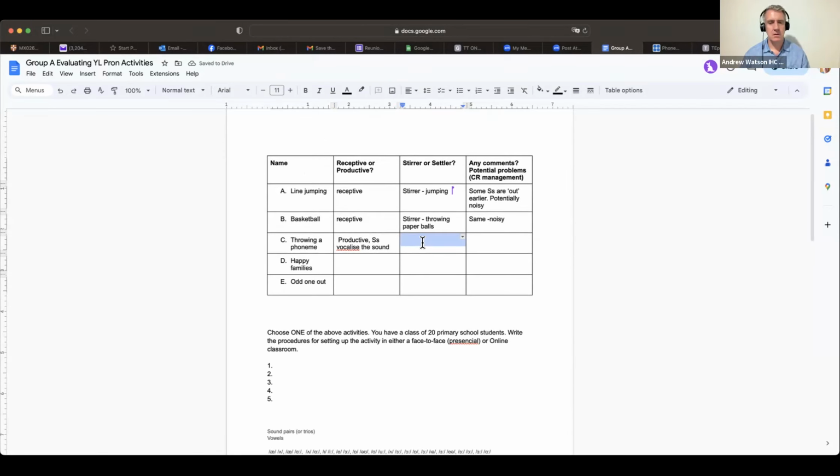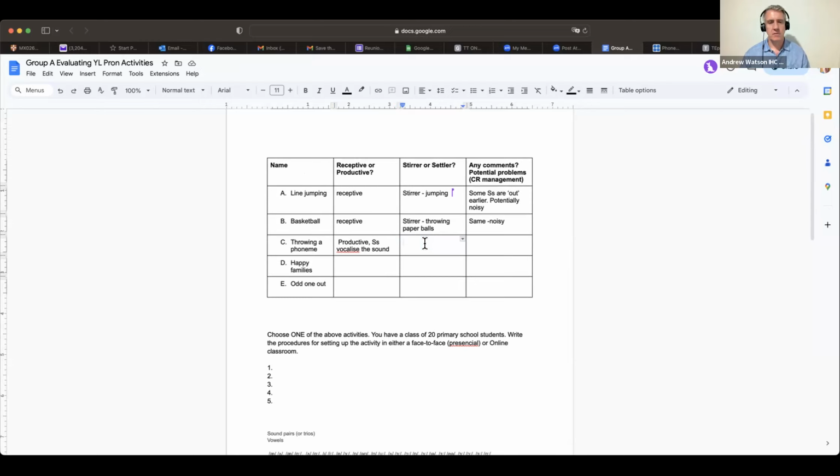Good. Stirrer, settler. Settler. Yeah, because it involves sitting, doesn't it? Yes. Students are seated.